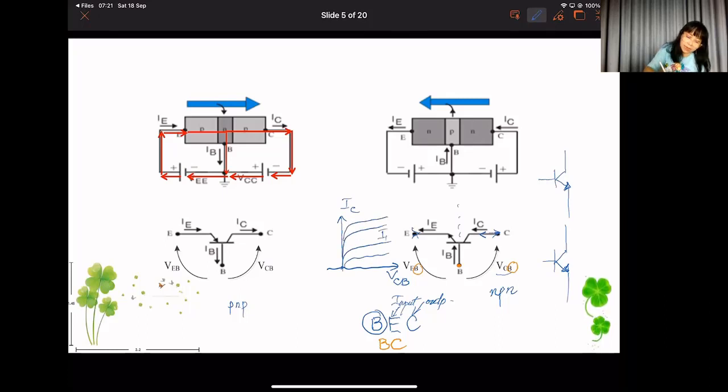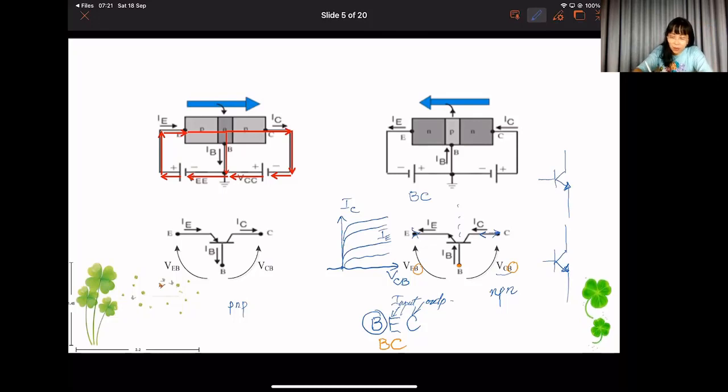This is the input current. This is a common base, like in Vietnamese, base chung. And now you can see only three positions, very easy.